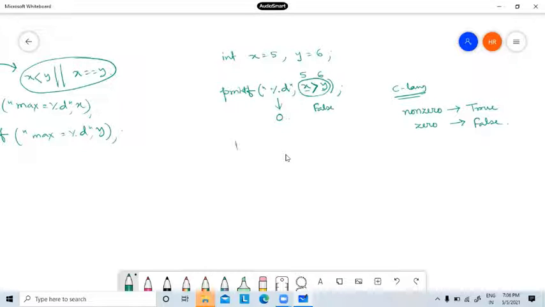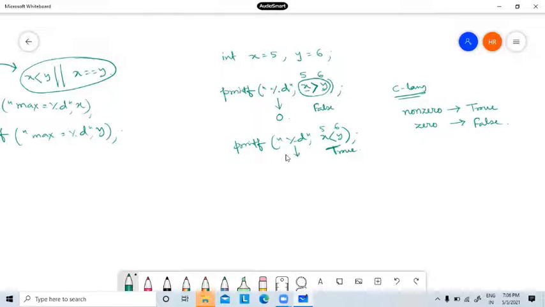Now instead of writing this, if I write percent d, x less than y, what is the value of x? 5. What is the value of y? 6. This one is true. And remember, in the C language, the compiler represents true as 1.